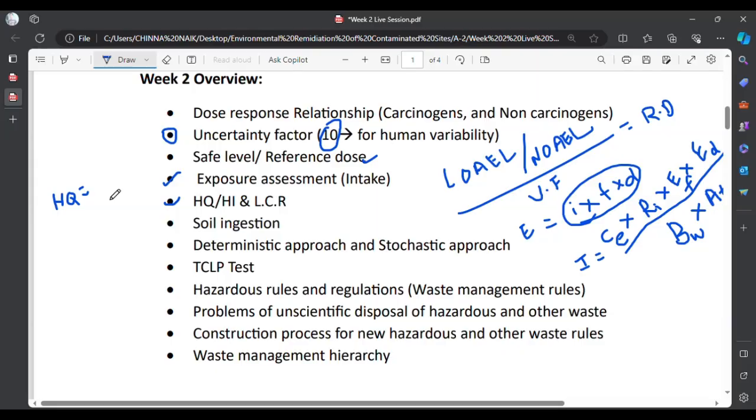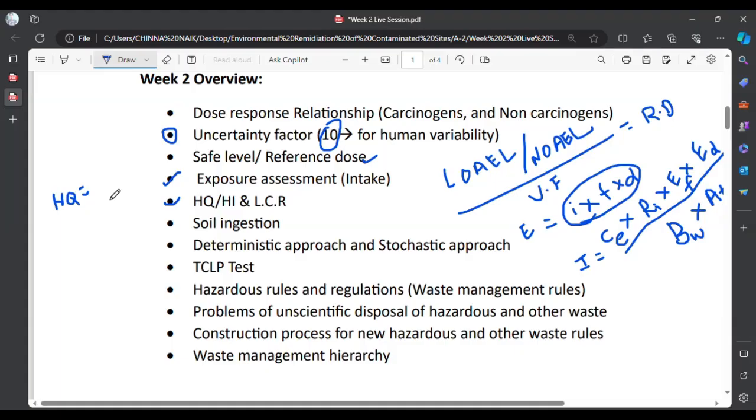Okay, in week 1 we also discussed the different parameters used to assess the risk of carcinogens and non-carcinogens.